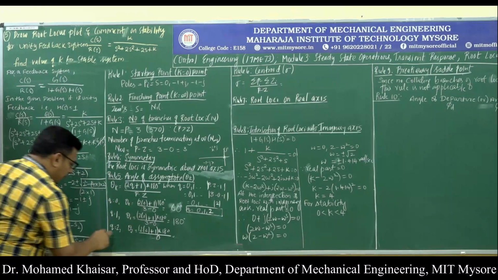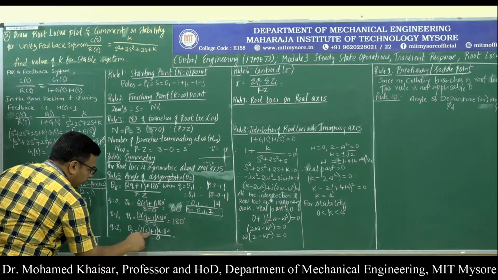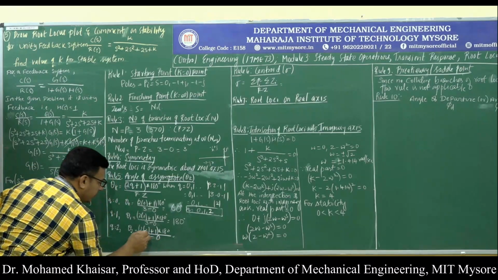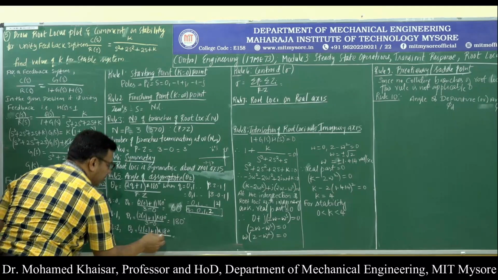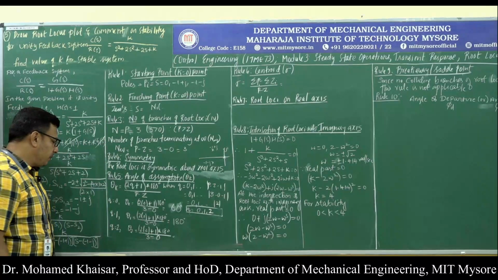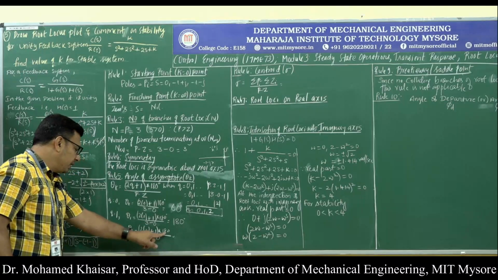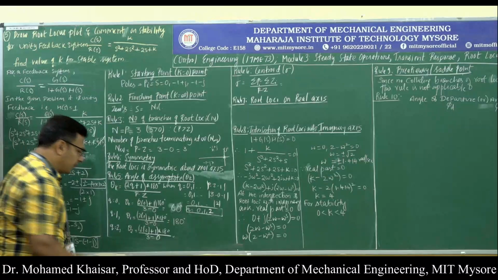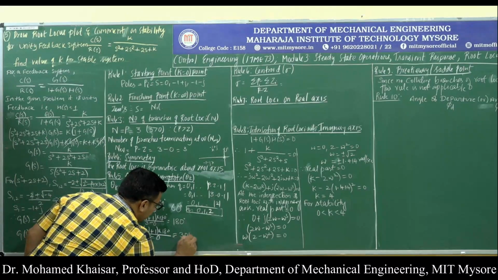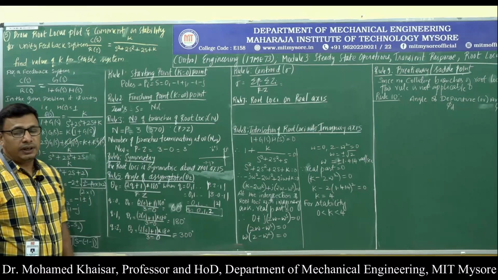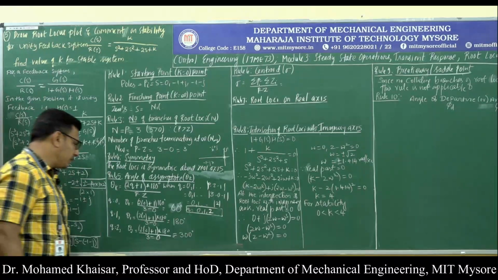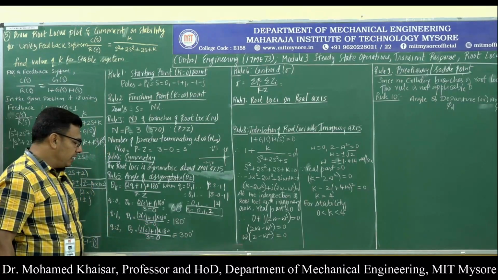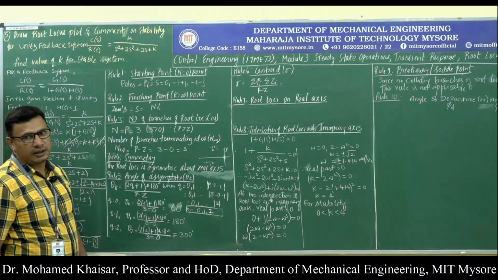Then, for q is equal to 2, theta 2, (2 into 2 plus 1) into 180 divided by 3 minus 0, 2 into 2 is 4, 4 plus 1 is 5, 5 into 180 divided by 3, 180 divided by 3 is 60, 5 into 60, it will be 300 degrees. So there are 3 asymptotic straight lines which are going to exist, one along 60 degree, the other one at 180 degree, and the other one at 300 degree.